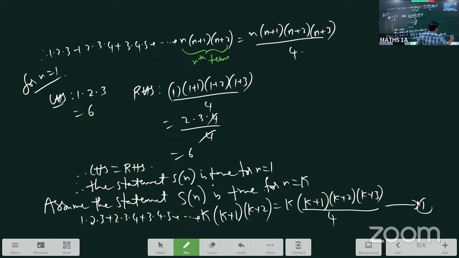This I will put as equation 1. N equal to k assumed statement is always equation 1, I mean, always that is the first equation. And for this equation, you are going to add the k plus 1th term on both sides.